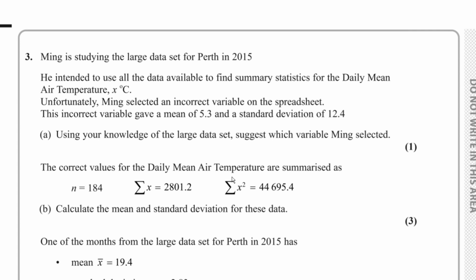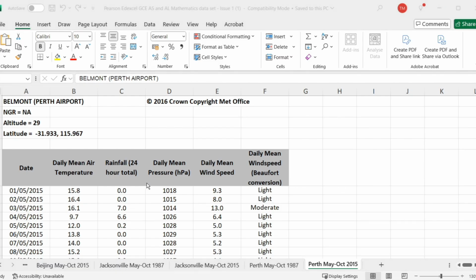We know that there are a limited amount of variables in the large dataset for abroad locations. Here is the data for Perth 2015.